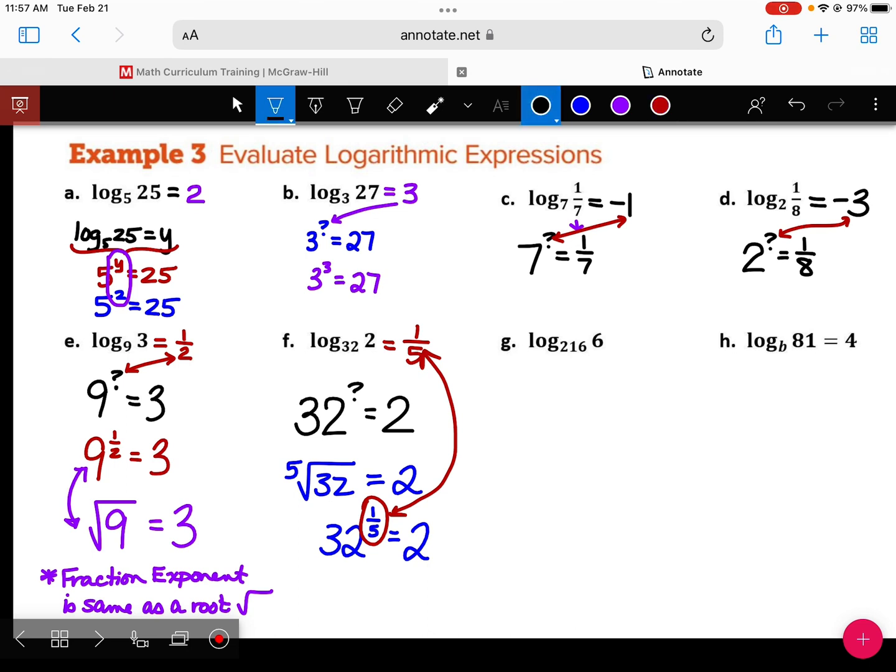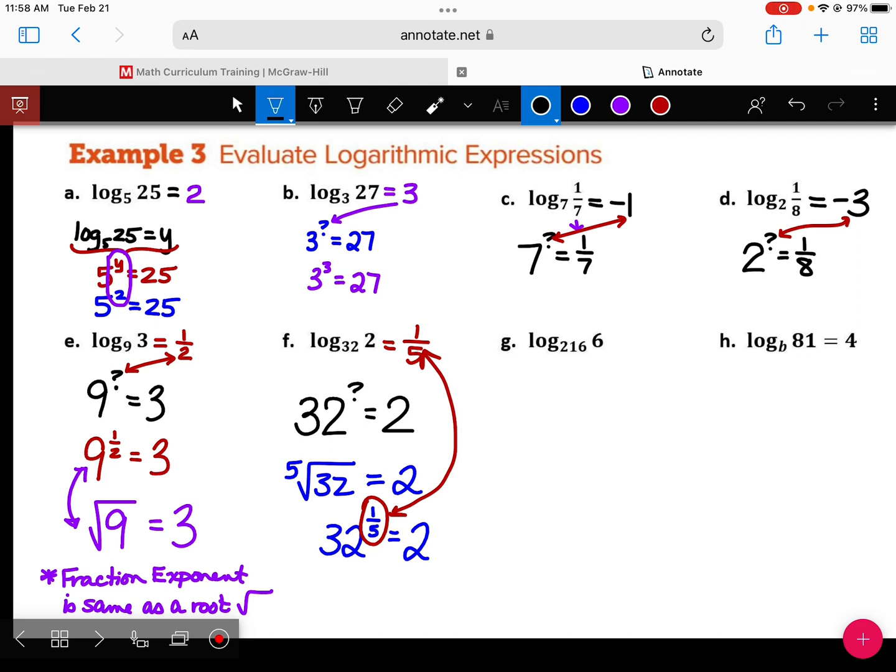Take a moment to do G on your own. I want you guys to try part G on your own. That right there? Guess and check, honestly. If your base is bigger than your argument, then this is going to have to be a fraction.